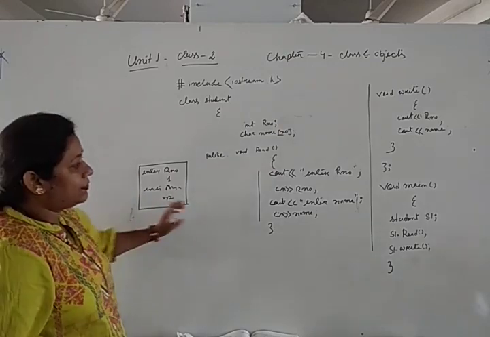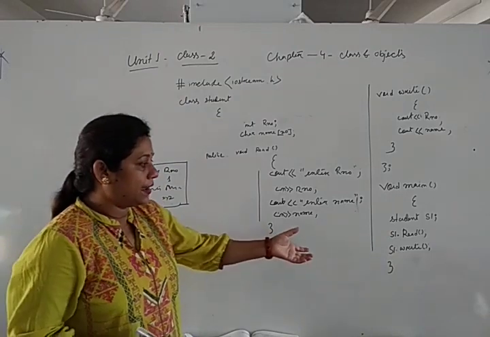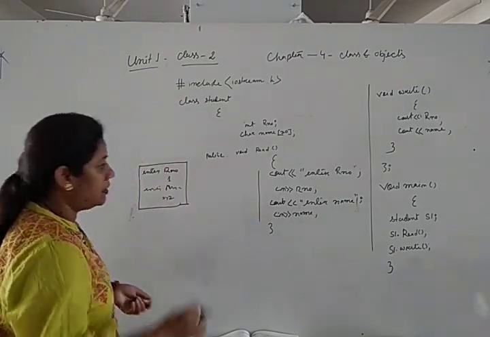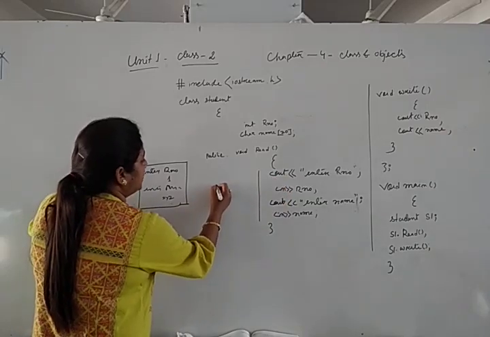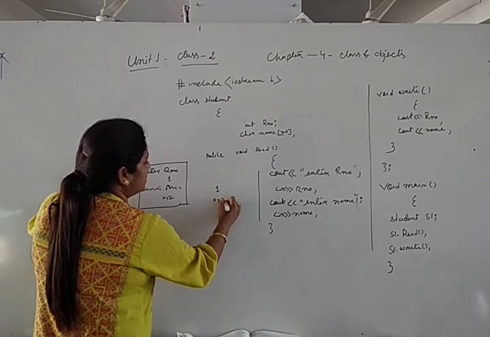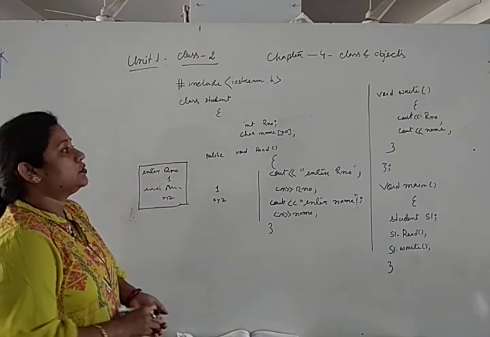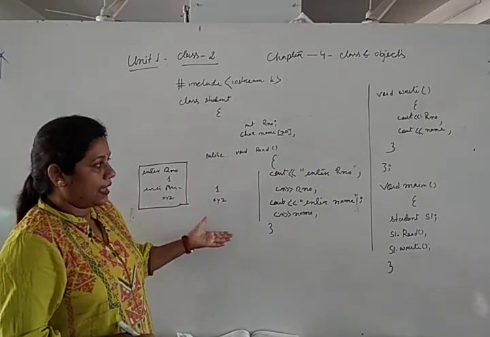After that s1 dot write. Whenever the object accesses the write function, the computer executes the program and gives you the result like roll number 1 and name is xyz. So this is the procedure to write an object oriented program.